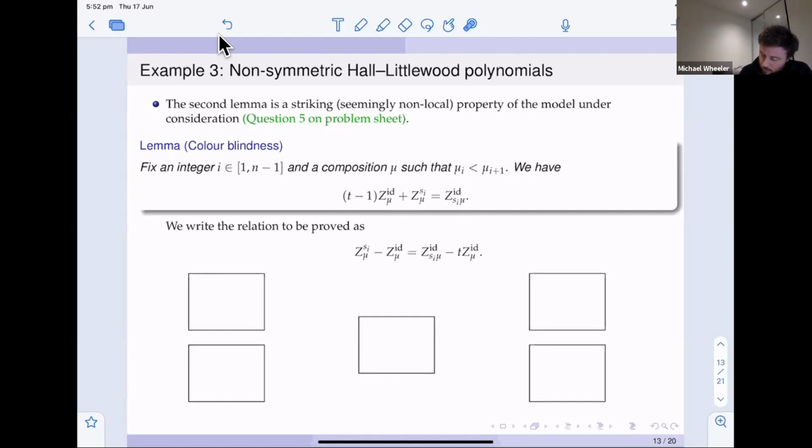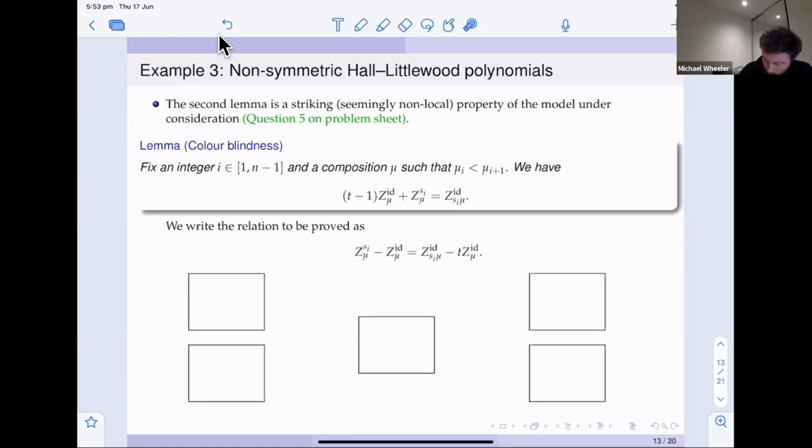Okay, so I'll take that relation and rewrite it a little bit, in this form here. It's a relation involving those partition functions, saying that this difference of partition functions is equal to this difference here. So let's look at this difference first. In that difference, what is happening? The composition that lives in both of these partition functions is fixed, so this is not changing, but what is changing is the permutation index.